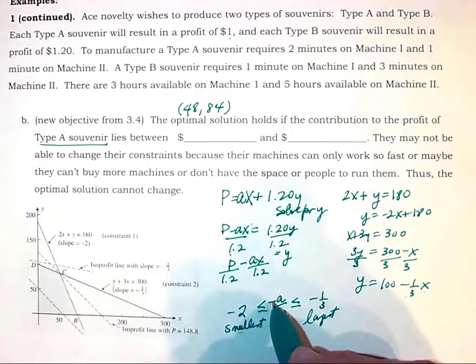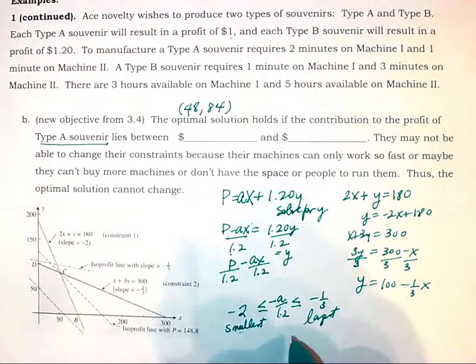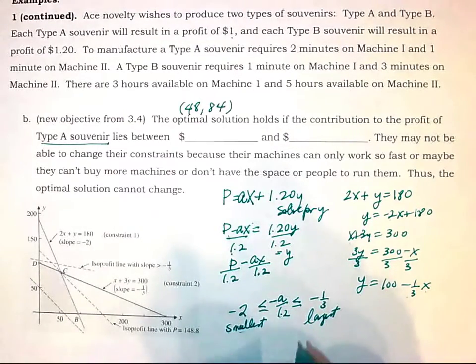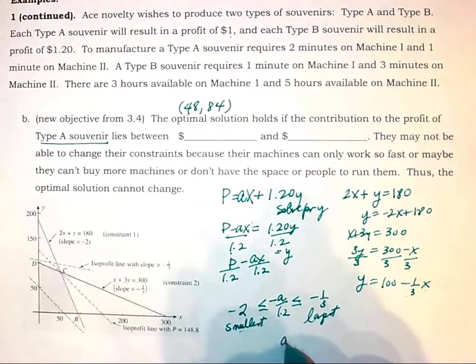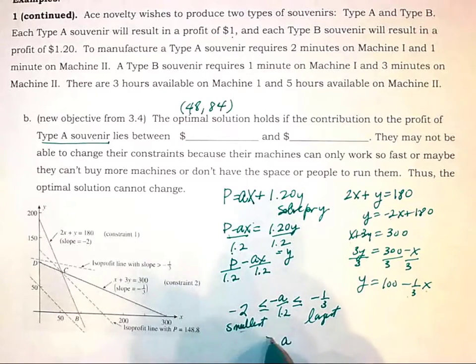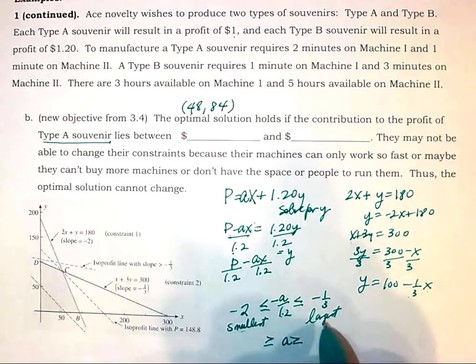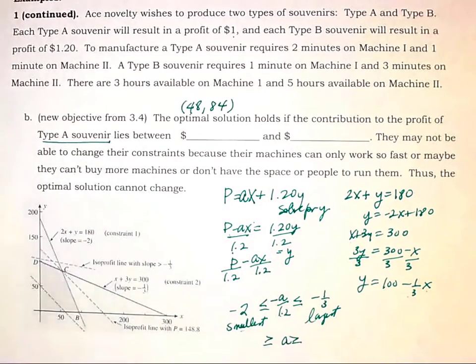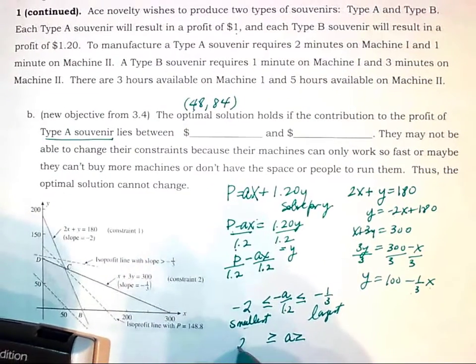So to solve, you want to get rid of the negative and the 1.2. So that's what you're going to multiply by, is negative 1.2. So if I multiply by negative, remember we reverse the sign of the inequality, reverse the direction. And if we multiply by negative 1.2, that's going to give me, let's see, we've got 2 times 1.2, which is 2.4.